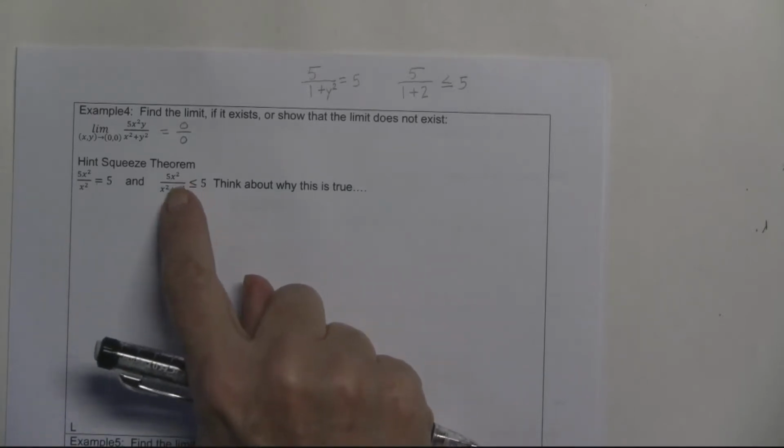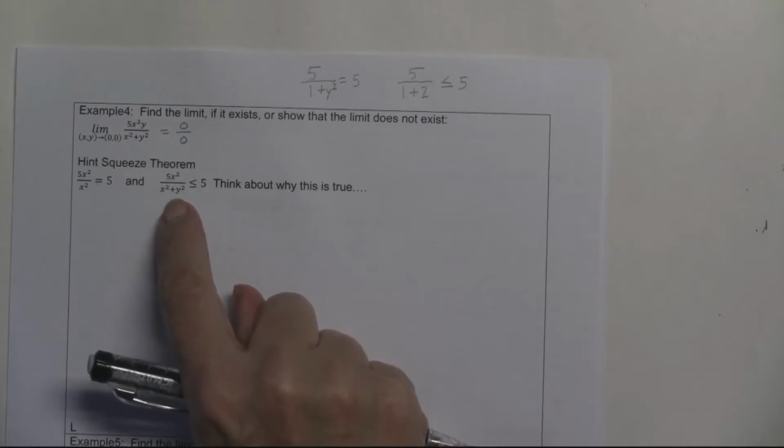It couldn't be negative, right? Because x squared's positive, y squared's positive. So if you do a bunch of division with positive numbers, you're going to get a positive. So the very lowest it could be, it can't be negative, yeah, it could be 0. That's the lowest it can be.